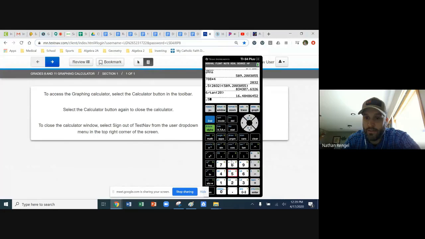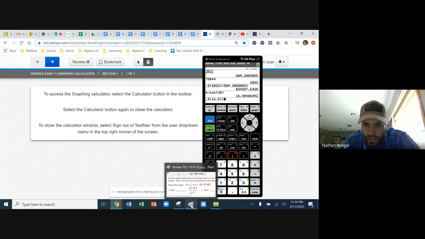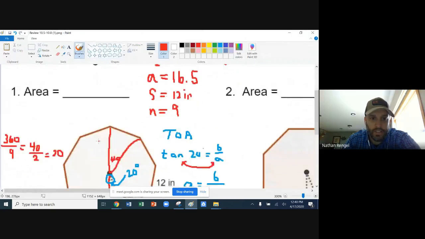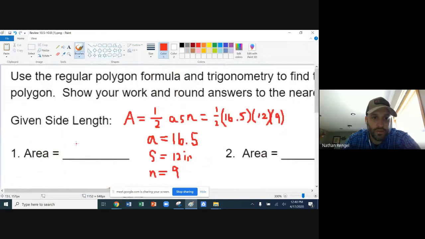I use 0.5, that's fine if you want to use that. 0.5 times 16.5 times the side length 12 times the number of sides 9. And we get about 891. So our area is 891 inches squared. And that'll do it.